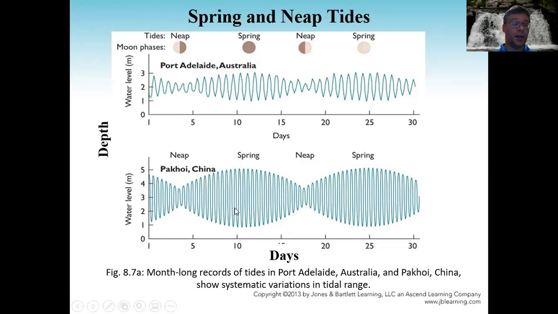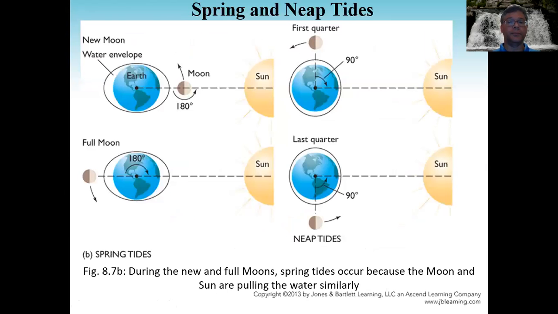Again, emphasizing this is a pattern matching the phases of the moon. So what's going on here? It'll be easier to show in a demonstration, but I'll talk through it here as well.